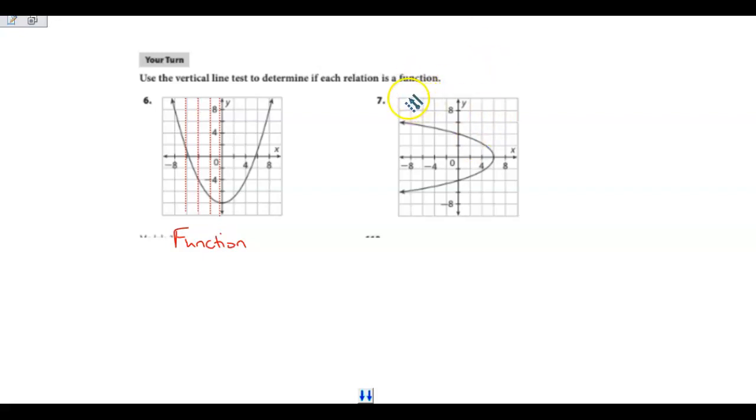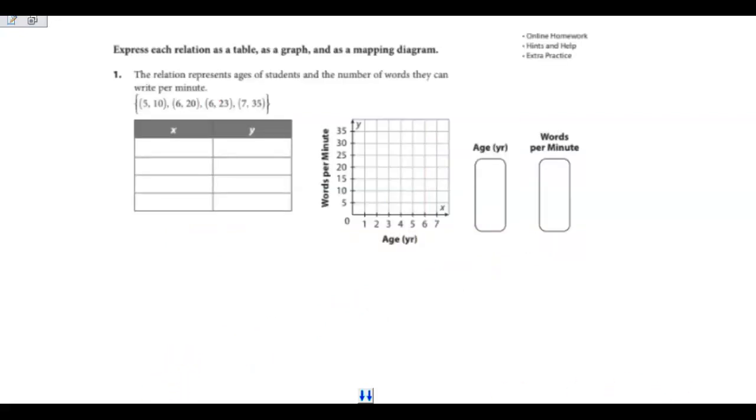If I look at number 7, and I do my vertical line test, am I crossing the line once or twice? Because I'm crossing it twice, is it a function or not a function? You're correct, it's not a function. And last examples, these are on your notes.